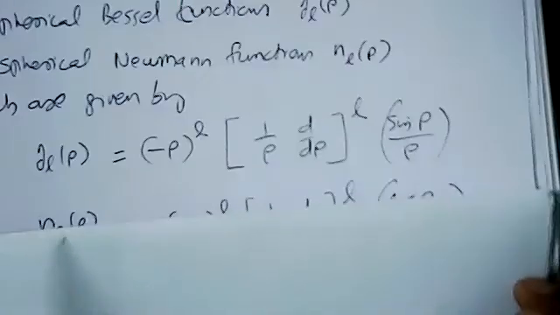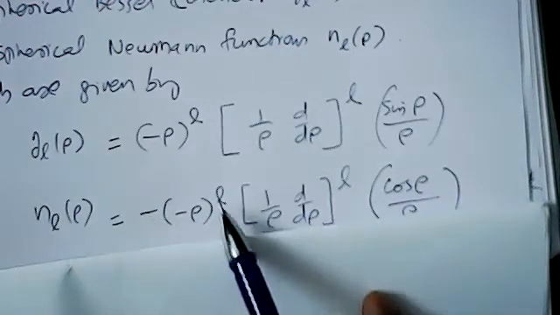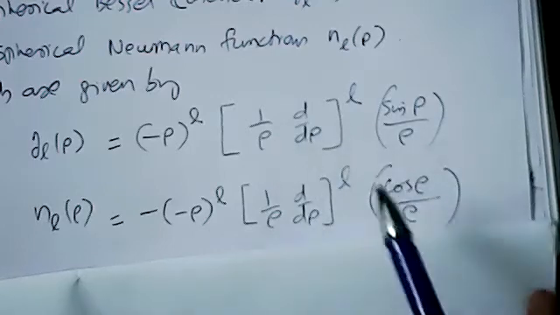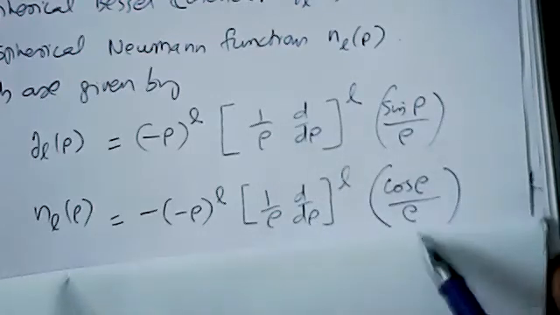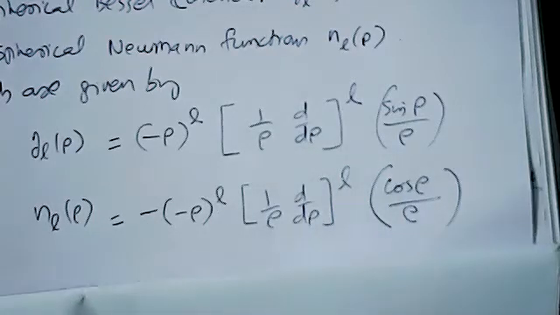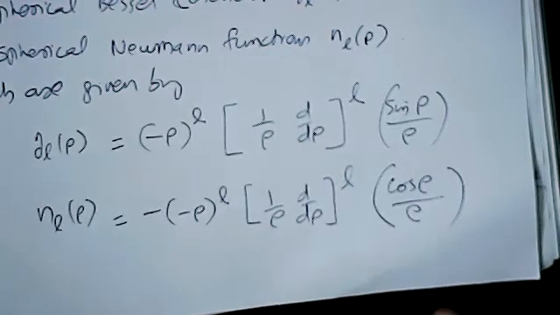This is the spherical Bessel function, and the Neumann function has a minus sign: minus (-rho)^L (1/rho d/d rho)^L cos rho by rho. So this is sine and this is cosine, and there is a minus sign, that is the difference. So we arrived at a standard differential equation whose solutions are the spherical Bessel function and spherical Neumann function.